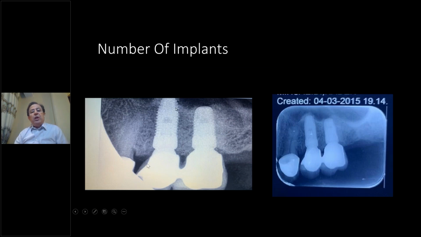The number of implants: a closed sinus lift for a single tooth is different from one for 2 or 3 teeth. When we do a closed sinus lift for 2 teeth, it's easier. So if we have 5 millimeters of bone for 2 or 3 implants, we can do it more easily.